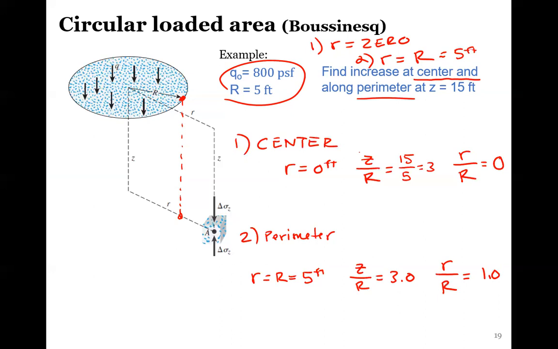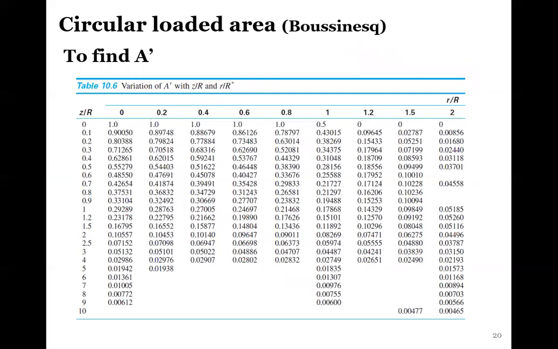Now what we need to do is look at our tables. For our center, we care about a point that is 0 and 3. I'm just showing that this is z divided by r and r divided by R. That's what those coordinates are showing, so 0 and 3.